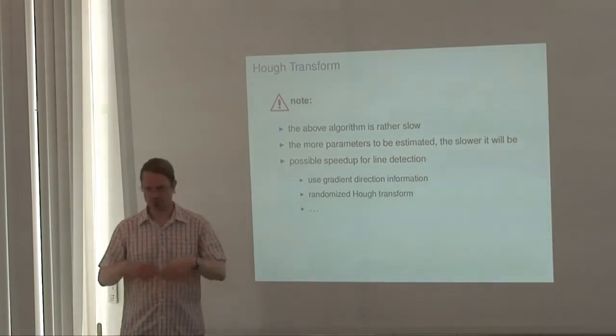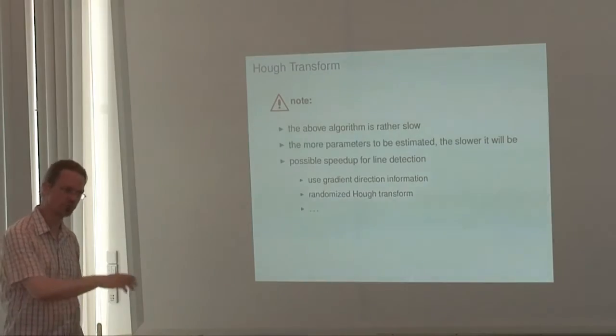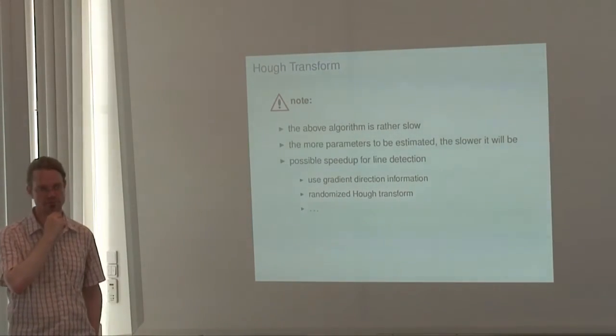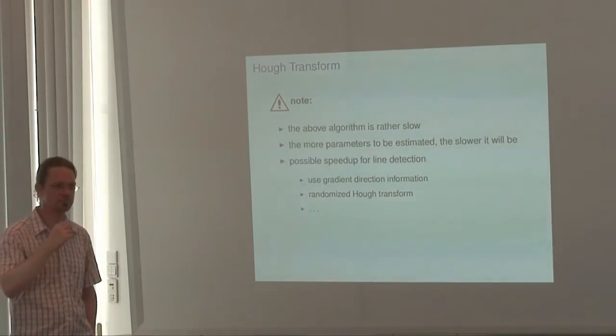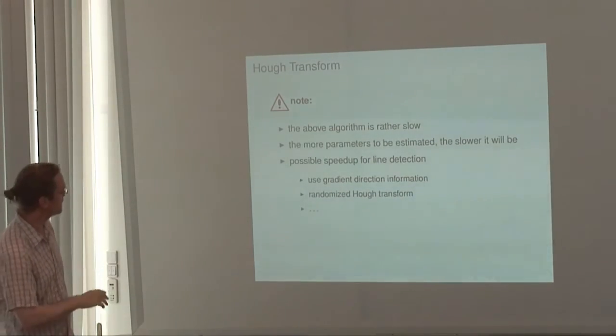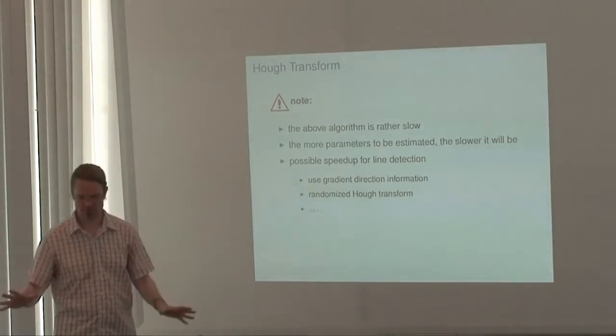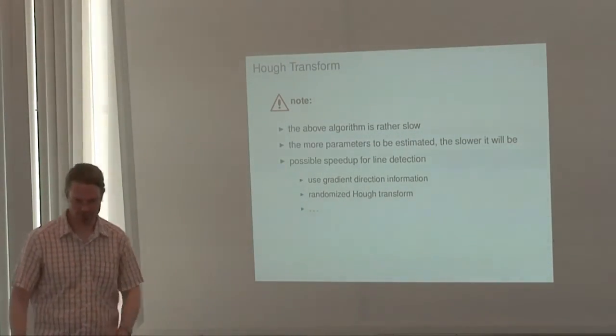Or you may think of crazy sampling schemes, right? Don't do it for every point in the foreground, just for some of them, but then again how to choose those, so careful with this. There are ways of speeding this up, but it is not worth our time to look into that in detail.